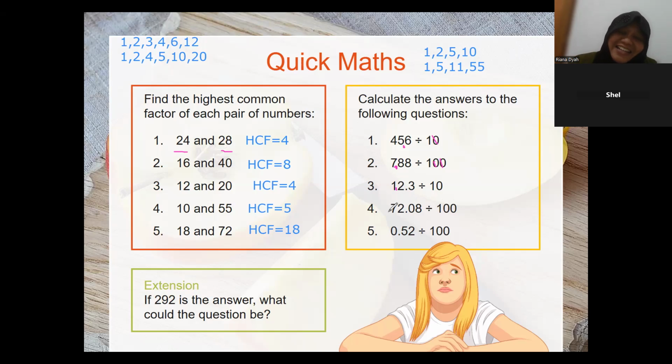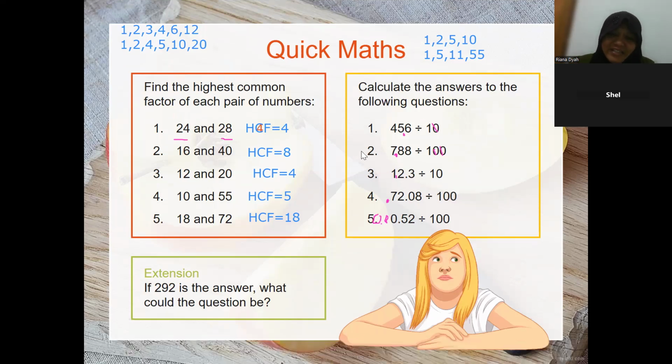Yeah, another 0. Very good, Selby. Next, number 5? Is it between another zero like this? So you need to put one more 0 and then the decimal and then another 0 again, yeah? Good job. Yes, so this is the answer.